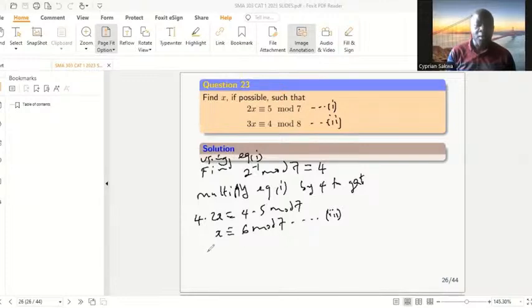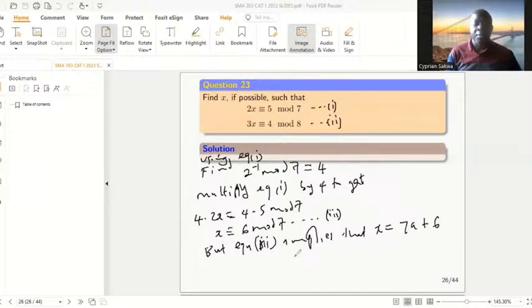But what does equation 3 imply? Equation 3 implies that x is the same as 7a plus 6 for some integer a.